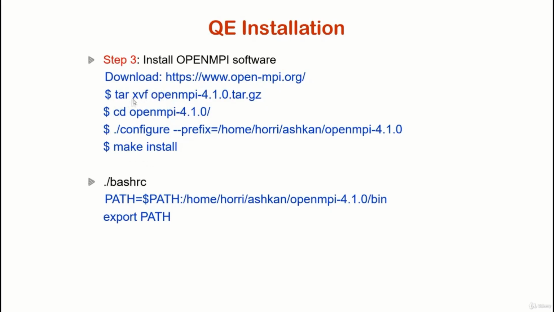By the first command, the OpenMPI is extracted. By the second command, we enter the folder. By the third command, we specify the prefix, the directory where OpenMPI is installed. And with the fourth command, we install it.